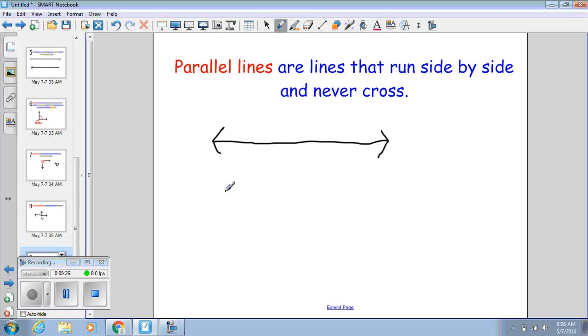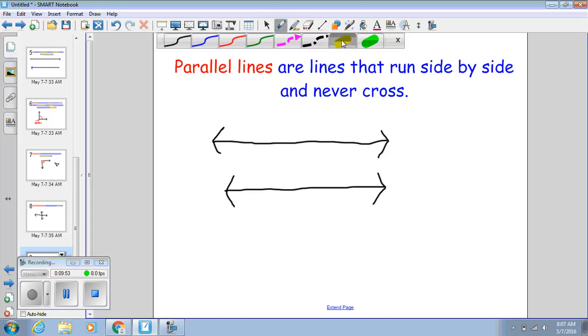And I'm going to draw another line running also side by side with that one, horizontally. These arrows represent that these lines go on forever in these two directions. But if they go on forever in these directions, I can see that they would continue on, but they would never cross. So parallel lines never cross.